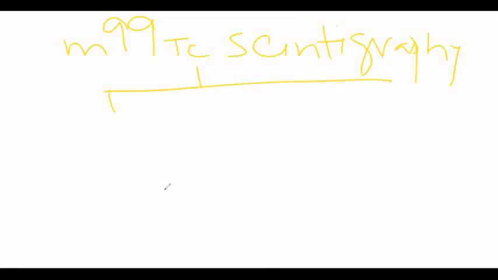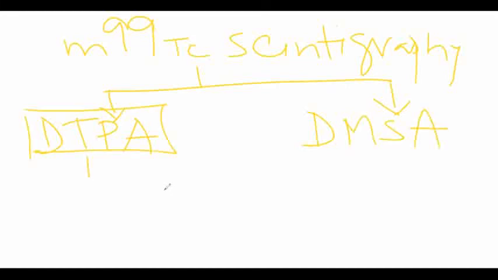The next important radiological investigation, which is a newer one, is technetium-99m scintigraphy. Technetium-99m can be used in two conditions: one is the DTPA assessment, and one is the DMSA assessment. DTPA assessment is the testing process by which you can assess the glomerular function.